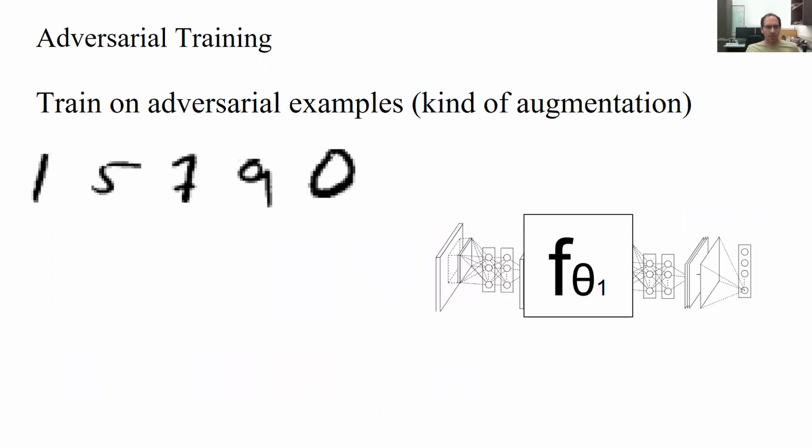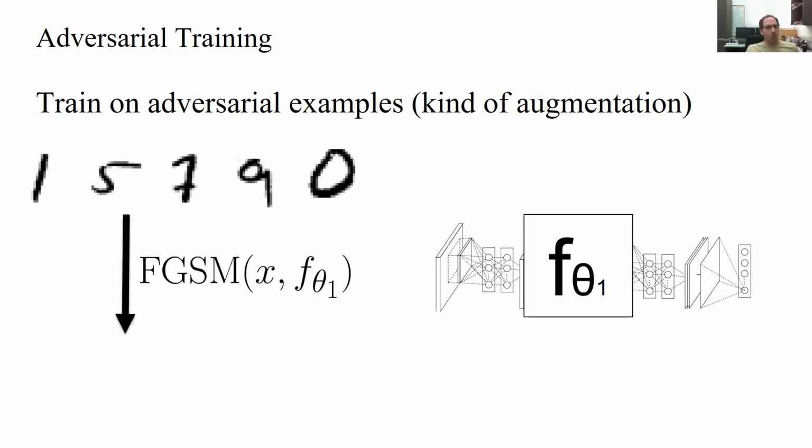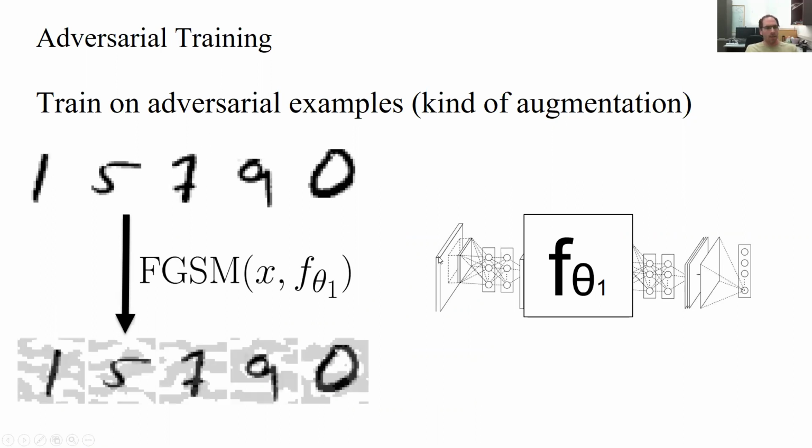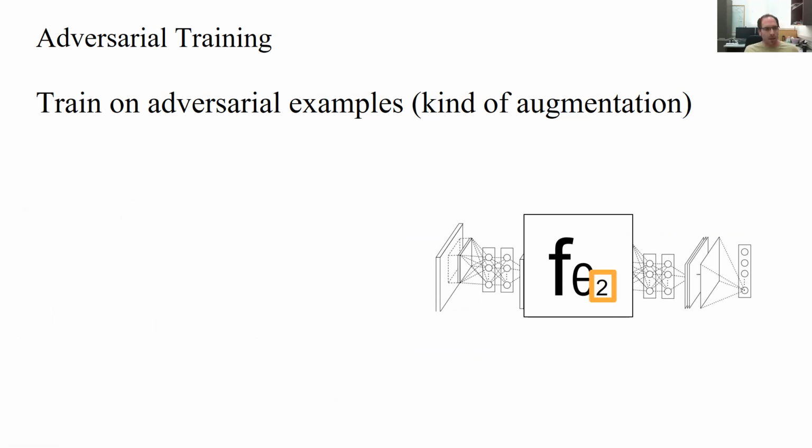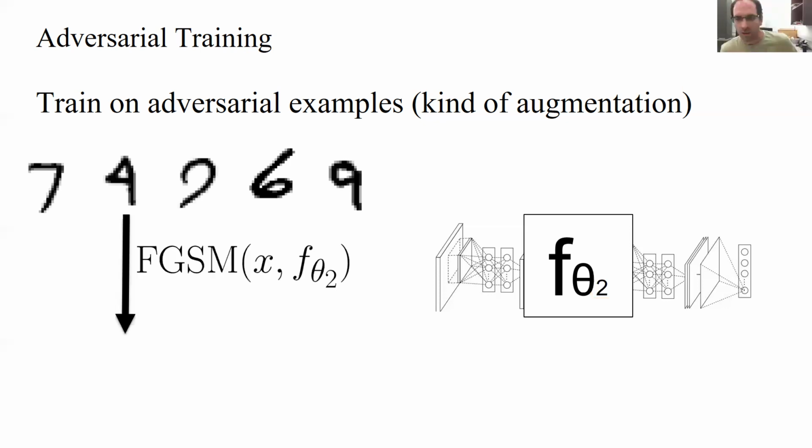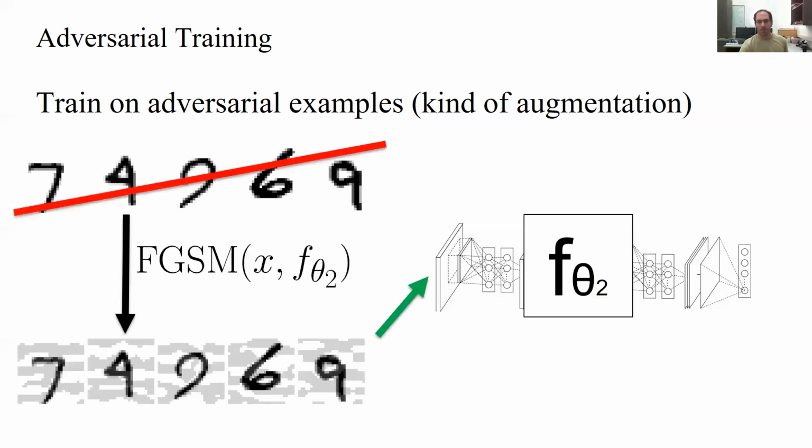So what happens in every batch, I'm going to get some images. I'm going to generate adversarial examples using these images. And I'm then going to feed these adversarial examples into the network and make a step and get the next parameters of the network. Now I'm going to get the next batch. I'm going to generate again the adversarial examples and feed them into the network.